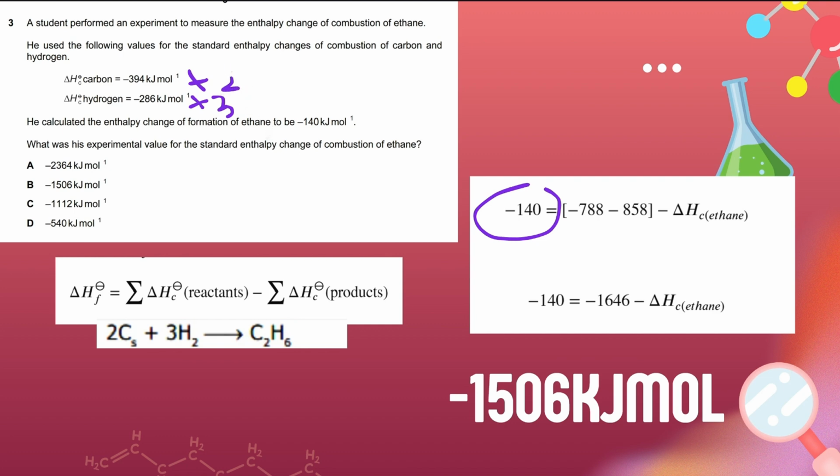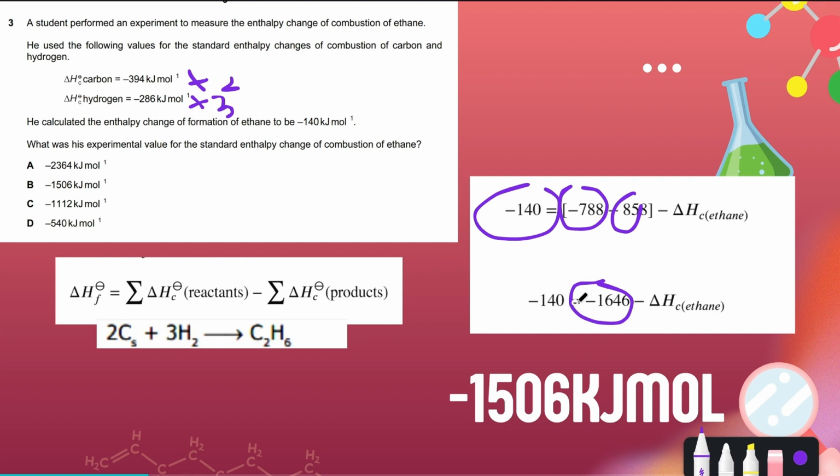Making the carbon minus 788, while the hydrogen is 858, and we just bash it together because minus minus makes it minus 646, and we don't know the ethane, so we just change this right here.